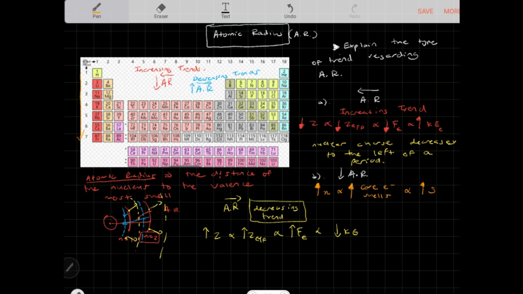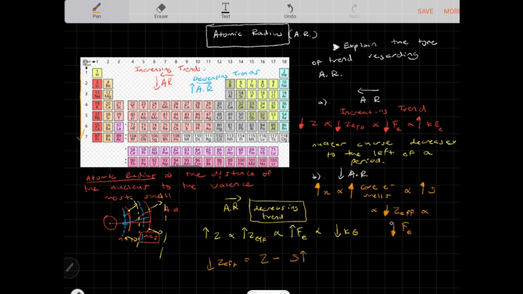Because shielding increases, the effective nuclear charge will decrease, right? Because we said earlier that the effective nuclear charge is the nuclear charge minus shielding. Well, as shielding increases, then the effective nuclear charge will decrease. And as the effective nuclear charge decreases, the force of attraction between the electron and the nucleus decreases.